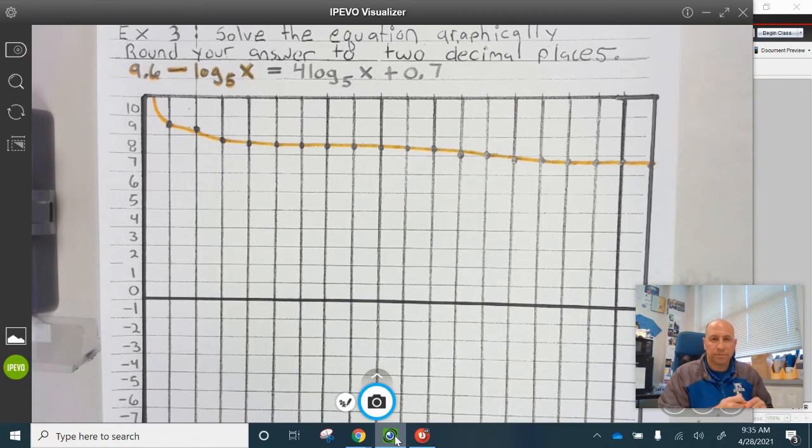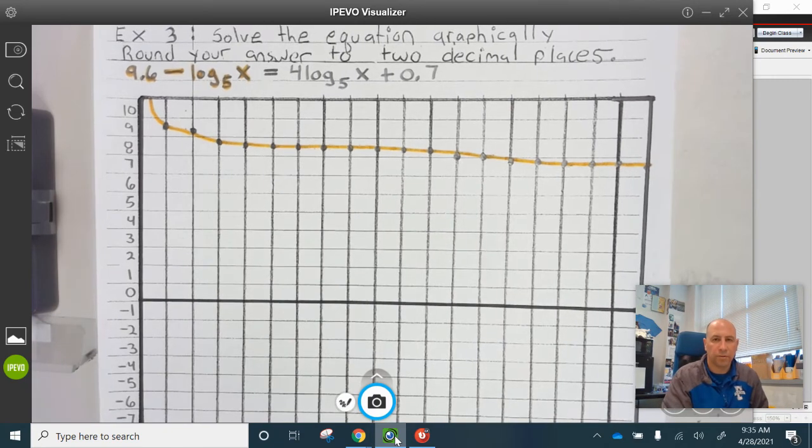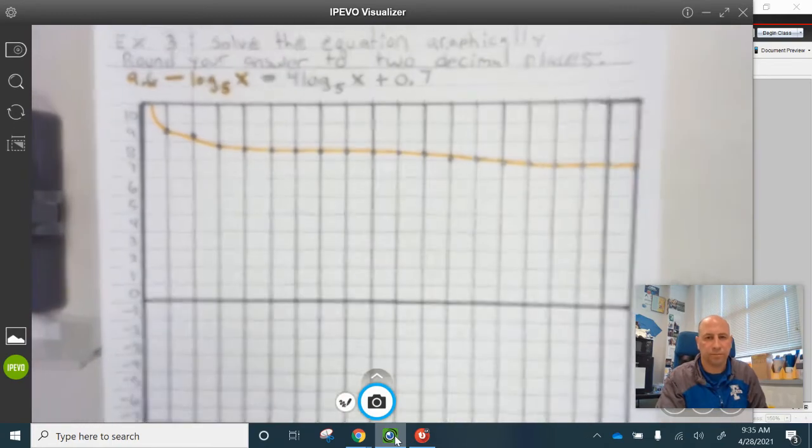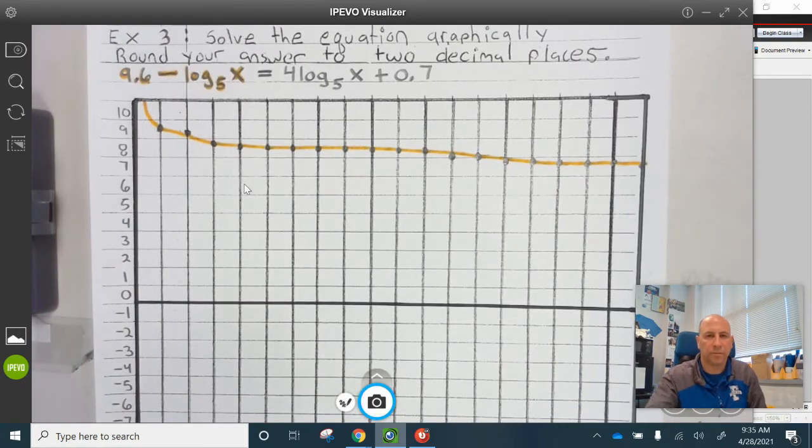Alright. So now let's graph the right side. Now you'll see your curve. If you did it like me, it's not a nice smooth curve, just because approximating points like that is somewhat difficult, but it's curved enough, so we have that.